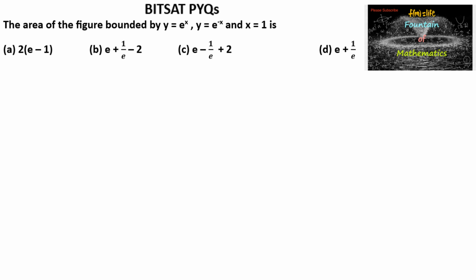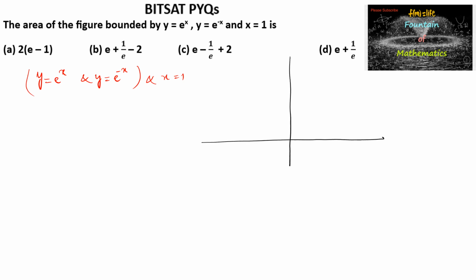The area of the figure bounded by the curve y is equal to e to the power of x and y is equal to e to the power negative x and x is equal to 1. Let's see the graph. For e power x, when x is equal to 0, e power 0 is 1, and when x is equal to 1, e power 1 will be 1.7.